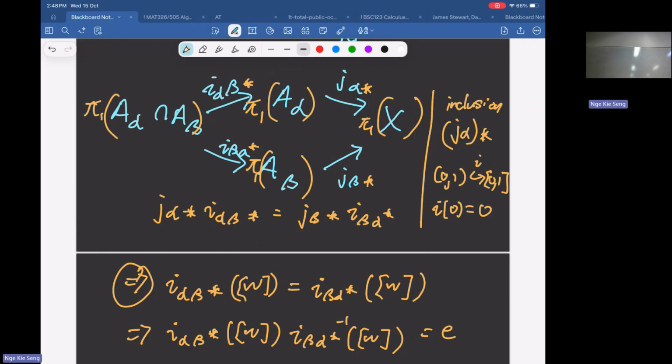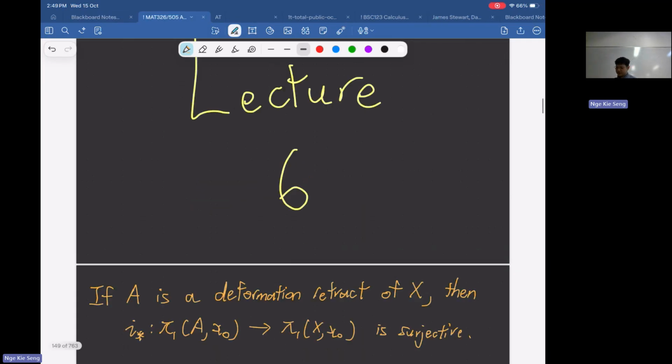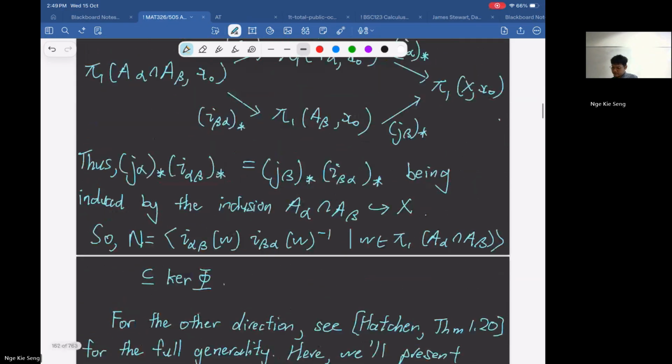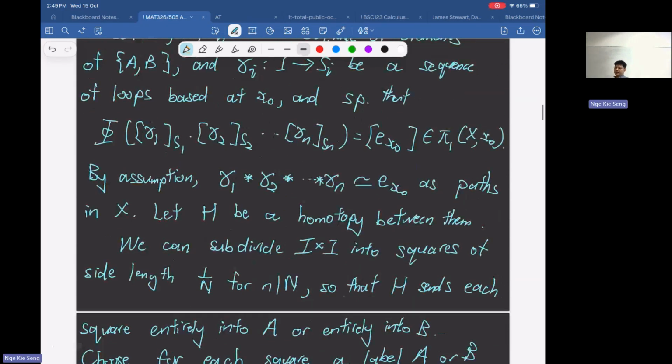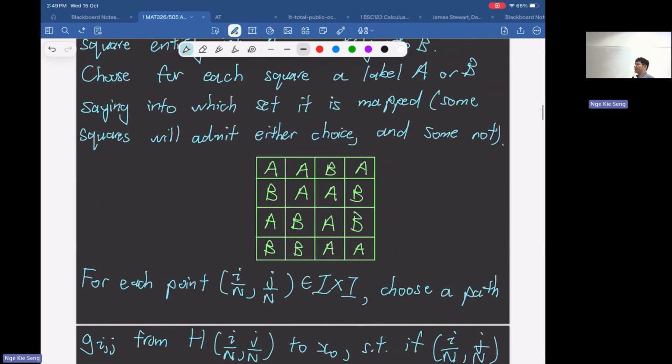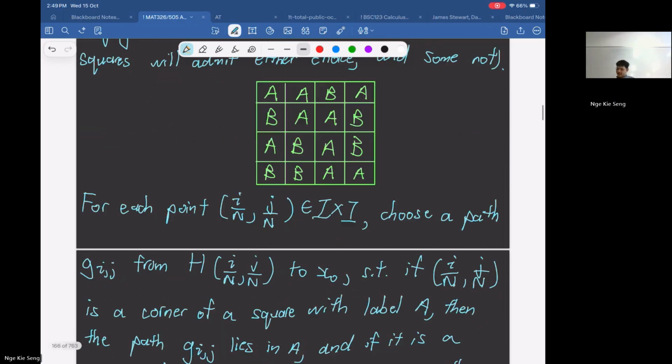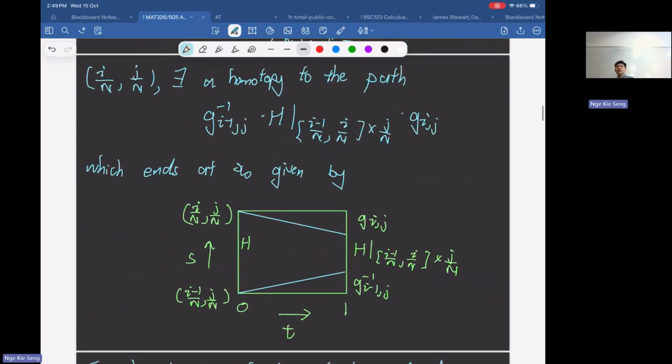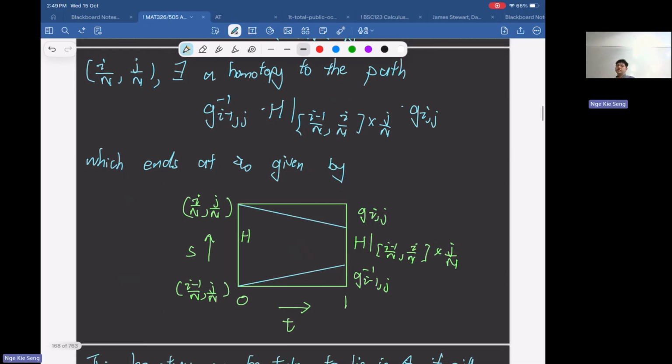Okay, so maybe I can show you some diagram that you could see from this proof. There's some technicality you need to define first, and then we will try and break this homotopy into parts covered by A, covered by B. Some of them can live in the intersection, so you can define it as A or B. The next job is to make sure all your paths live in A or live in B. Do some conjugation actually.